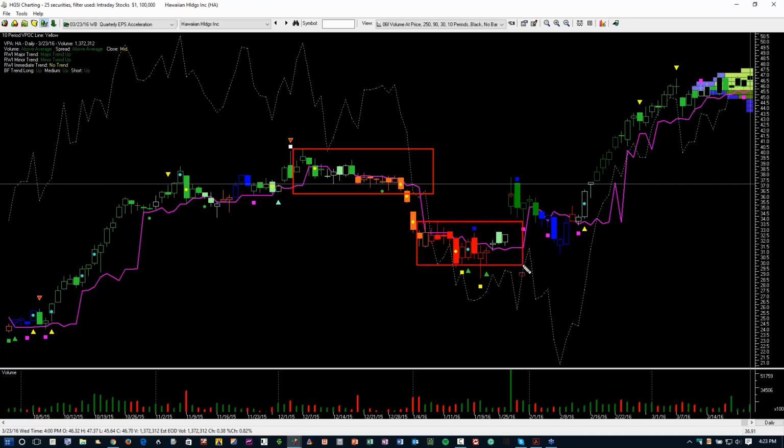And also here, but then when you have these VPA signals and you get an obvious clearance above that volume point of control, that line, that may just be a valid way to keep you in a trade without bailing out.